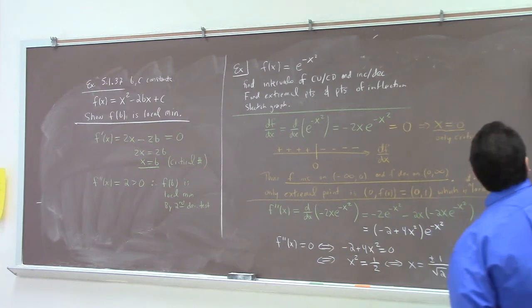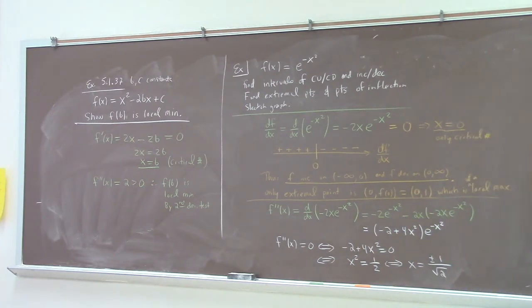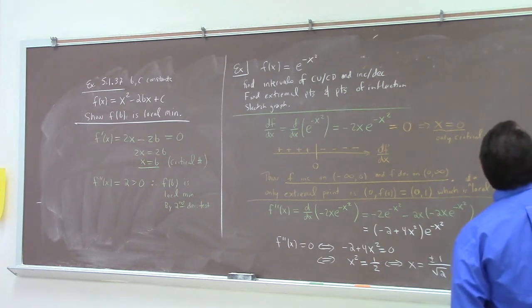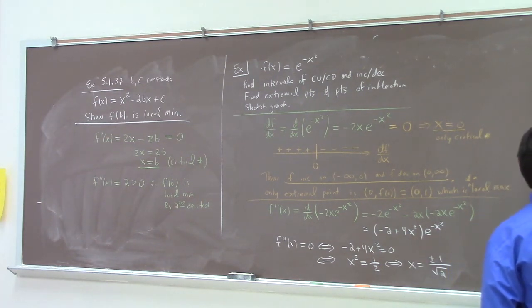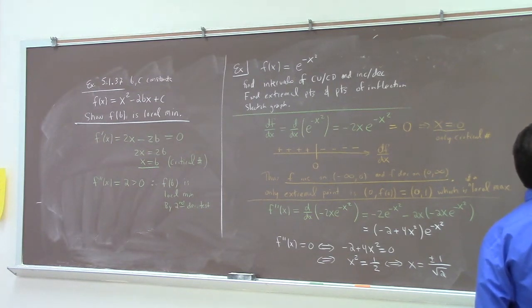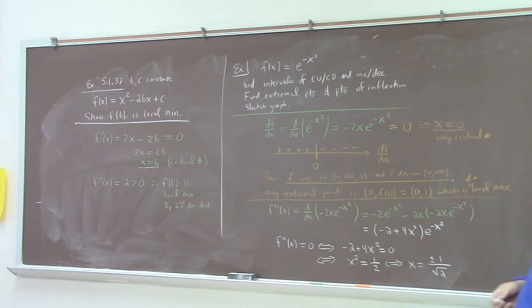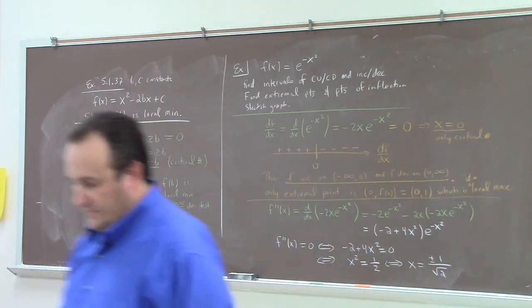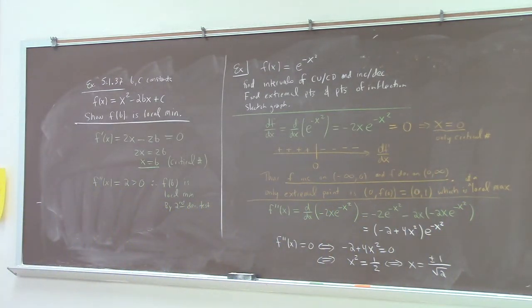Draw a number line for f prime prime. I'll put in my points of interest, minus 1 over root 2 and 1 over root 2, right? By the way, this is about 0.707 numerically, for what it's worth. I mean, it's worth us having a better sketch of the graph.